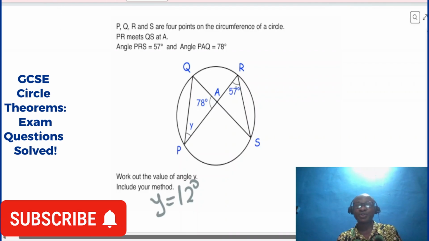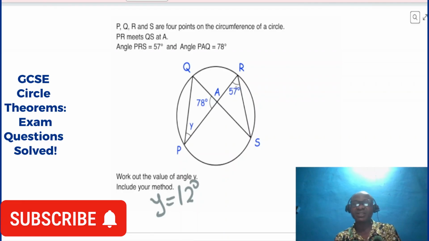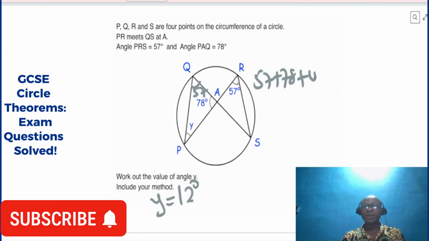Since angles in the same segment are equal, if here is 57, here also is meant to be 57. Therefore, you are now going to have 57 plus 78 plus y equal to 180, the sum of angles in a triangle.